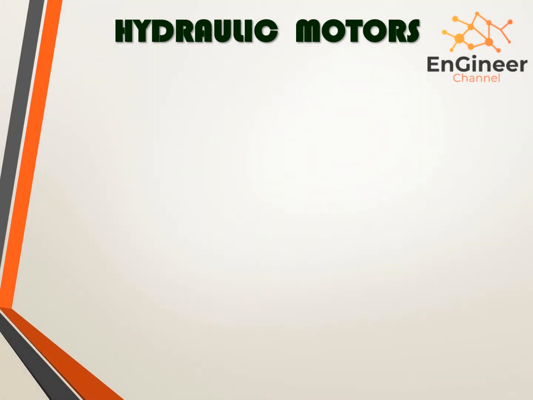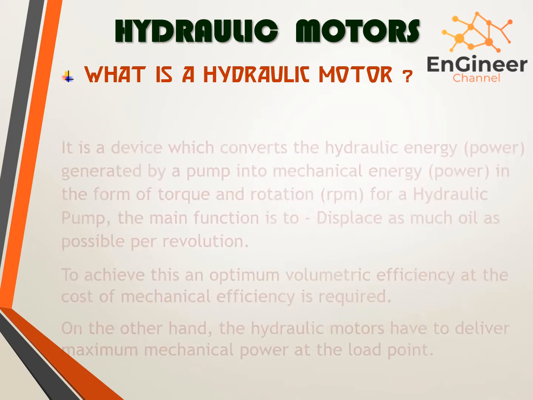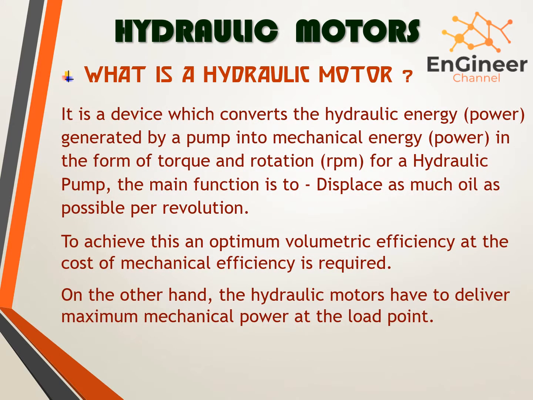Now let's discover another thing, what is a hydraulic motor? It's a device which converts the hydraulic energy generated by a pump into mechanical energy in the form of torque and rotation.